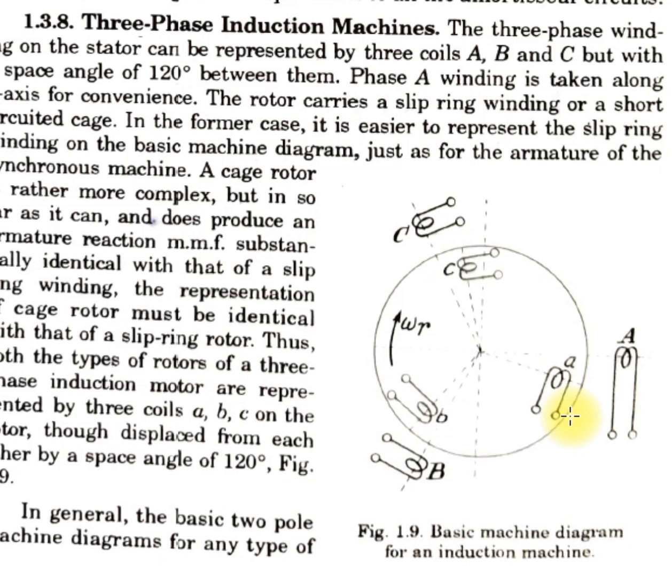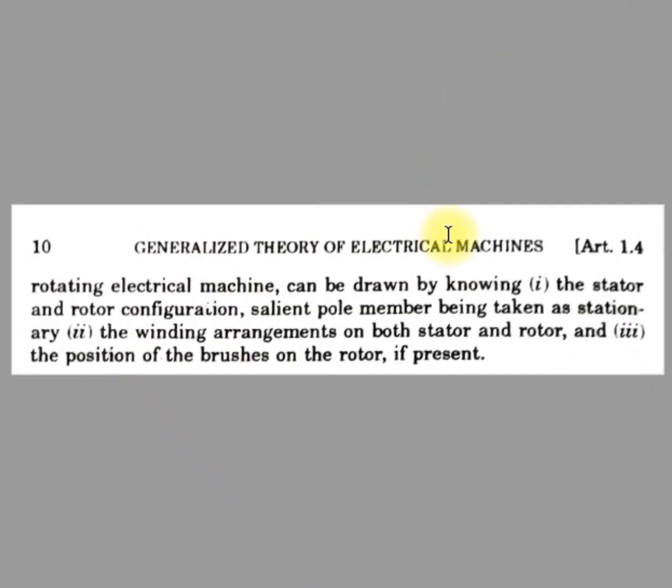So, in general, there are a few things that have to be kept in mind before drawing these diagrams. What all things you should know: the stator and the rotor configurations. The second thing that you should know is the winding arrangement of both stator and the rotor. The last is the position of the brushes.